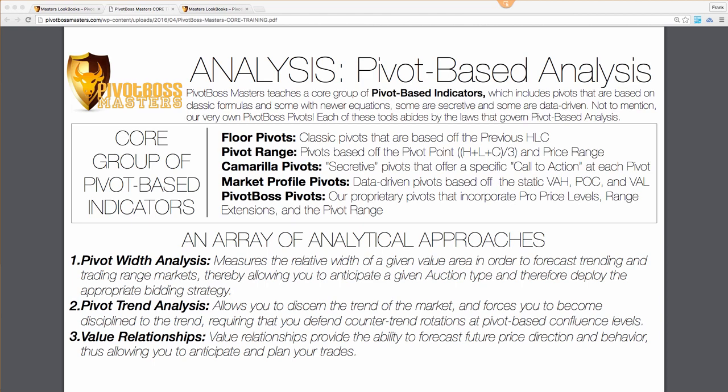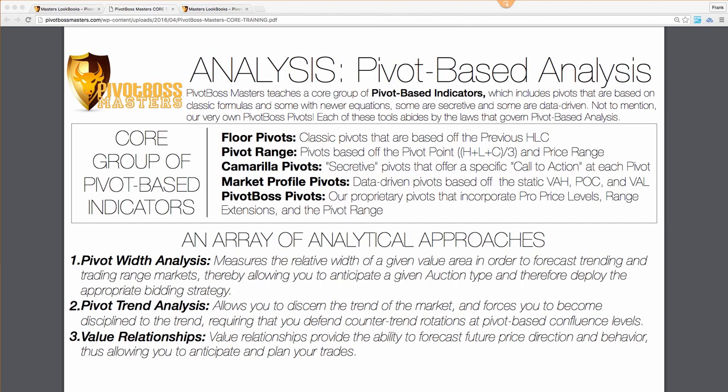So, you learn something for the first time, you start to understand things about that thing, whatever it may be, in this case, pivots. And then once you get a good control of that and you say, what are these Camarilla pivots? And then you start to see the patterns emerge, then you start to connect the dots, and then you start to use them together, and then you bring in some market profile, and you understand those levels, and then you start to see the confluence that each of these tools can bring.